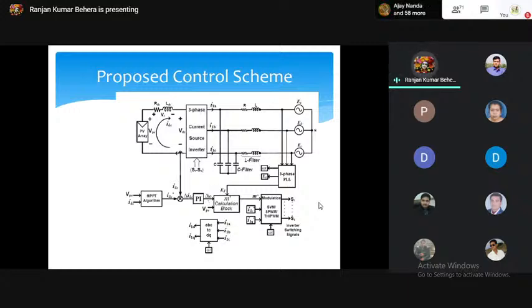Accordingly, you have measurements using a 3-phase PLL, phase lock loop. I think most of you must know what a phase lock loop is. Phase lock loop is to fix both the frequency as well as the phase of the system, locking according to the input.